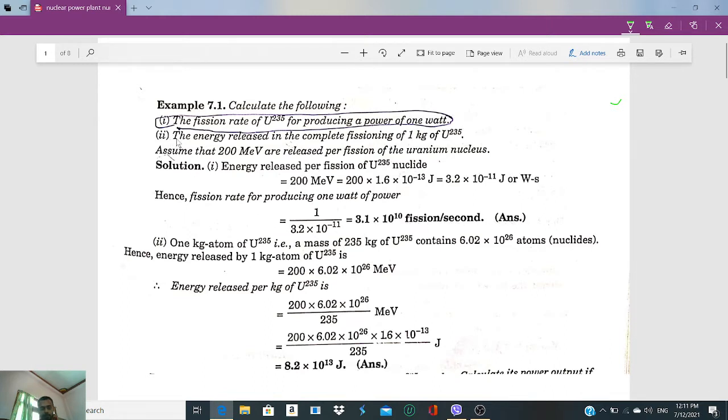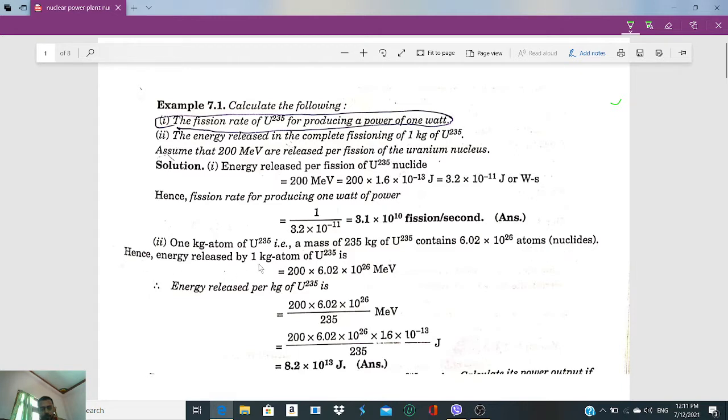Similarly, in the second question, we have to calculate the energy released in the complete fission of 1 kg of uranium 235. So for that, a mass of 235 kg of uranium 235 contains 6.02 into 10 power 26 atoms, that is nuclides.